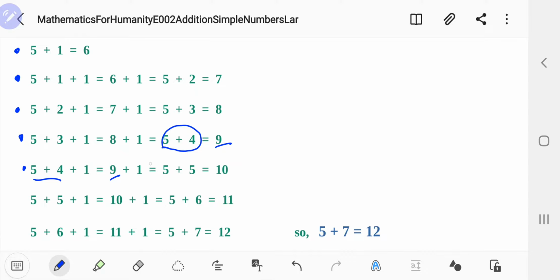And so you are adding 1 also to 9. 1 plus 9 gives you 10. But look here. You can also write this as 5. You retain the 5, but 4 plus 1 is also 5, because if you add 1 to 4, it gives you 5. This is also 5 plus 5 equals 10.